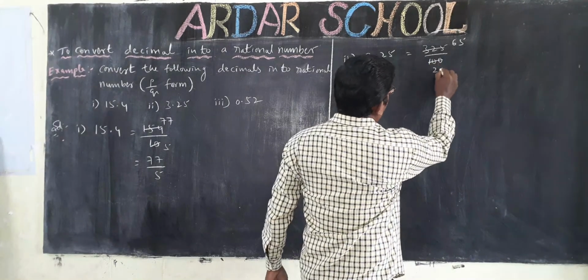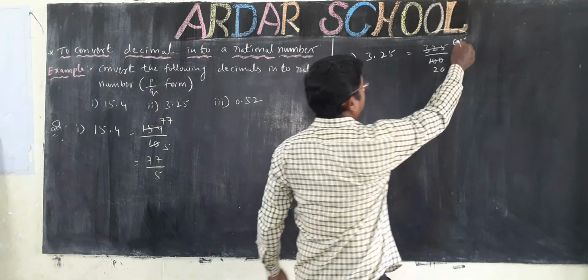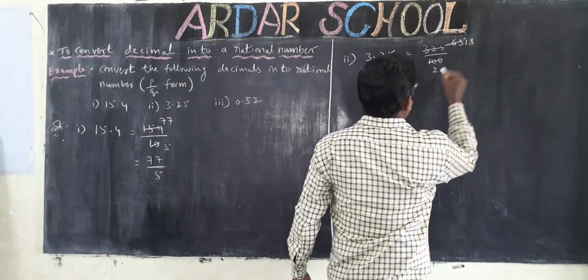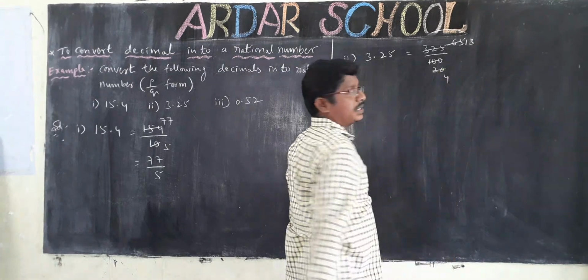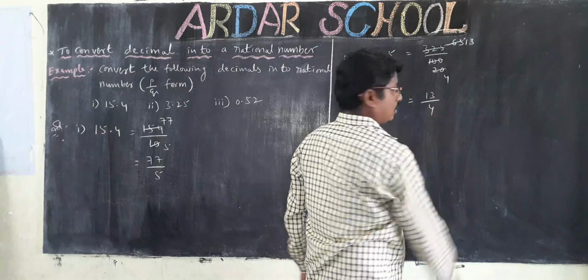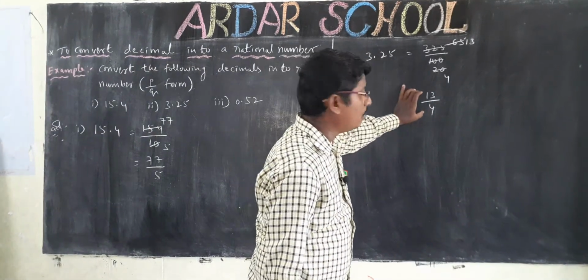Here 5 twenties are 100. Again cancel with 5: 5 ones are 5, 5 threes are 15, here 5 fours. That is 13 by 4. This decimal is converted into P by Q form.